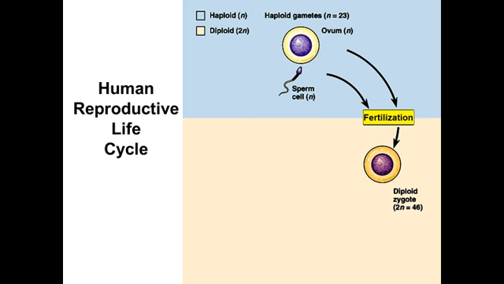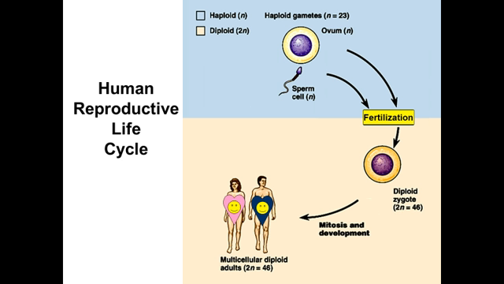That fertilized egg, as we'll see, is called a zygote, and that particular cell then goes through a number of mitotic cell divisions, many cell divisions, and they result in you being a multicellular organism which has several 100 trillion cells.